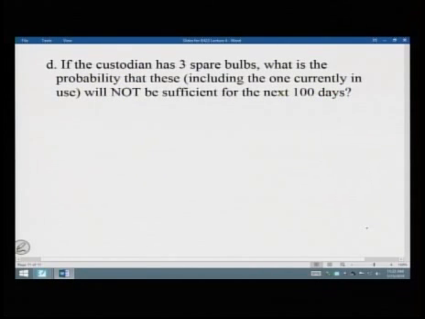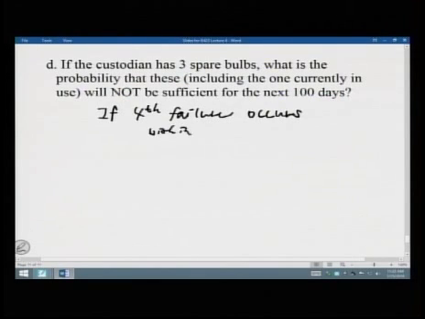So how do you define the random variable? The key point, I believe, is if the fourth failure occurs within the next 100 days, then all of these 4 bulbs will not be sufficient.